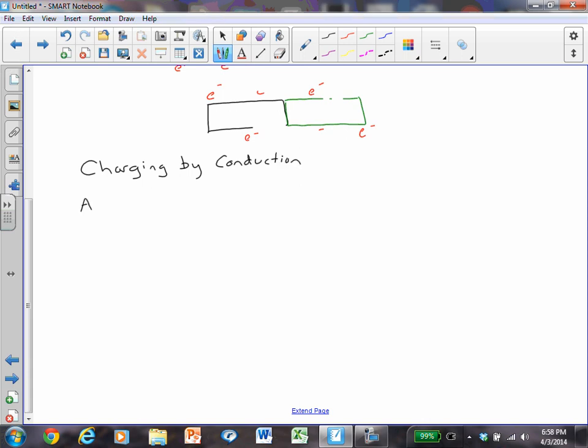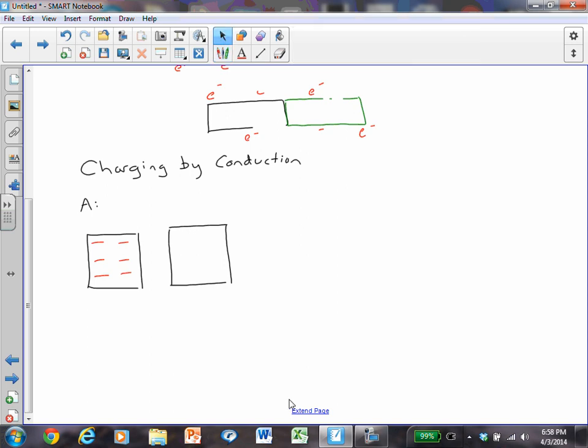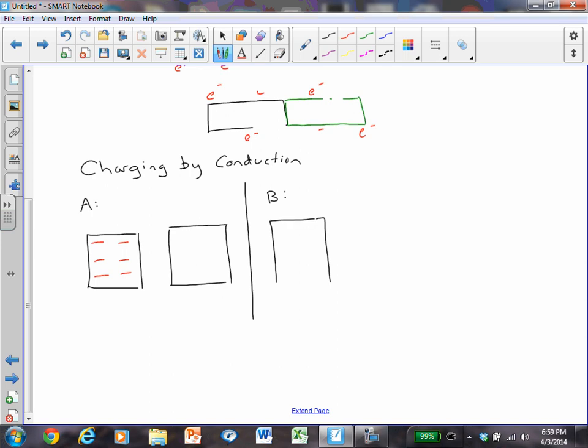So again, we have the two blocks. But remember, we said at the start we had to start off with one already charged. And then we put them together, touching each other.